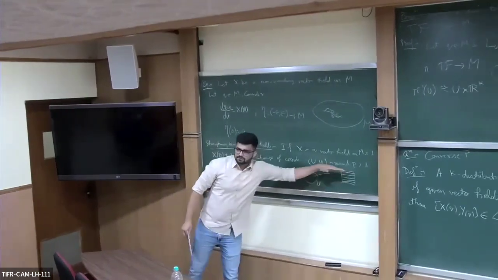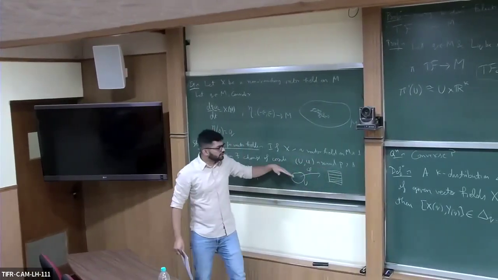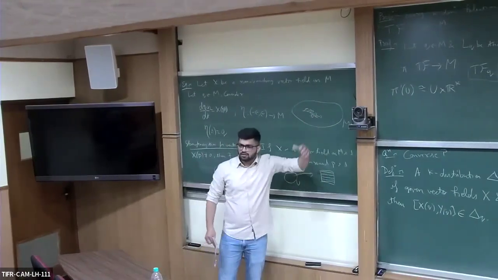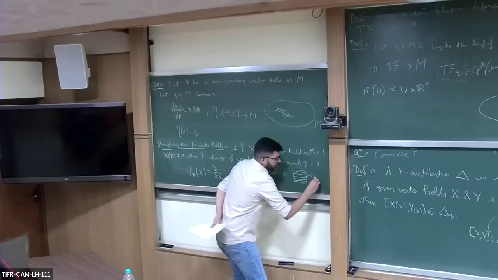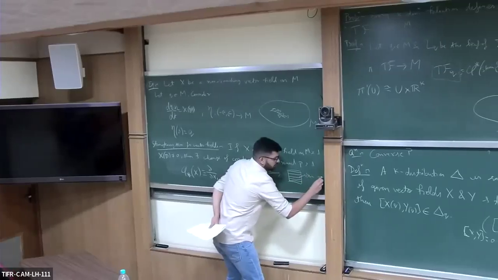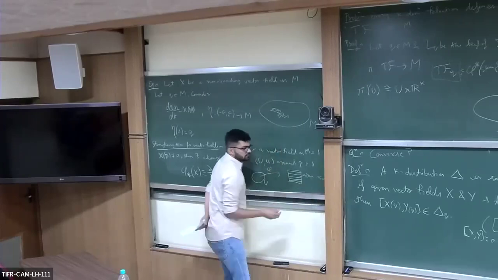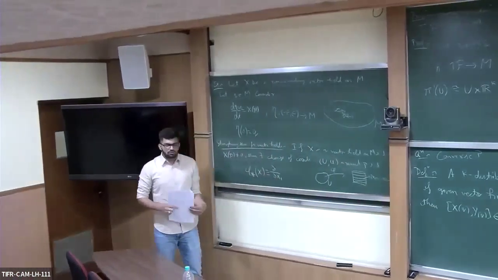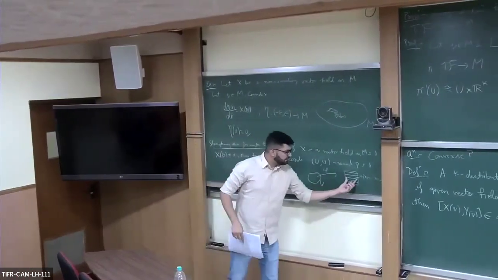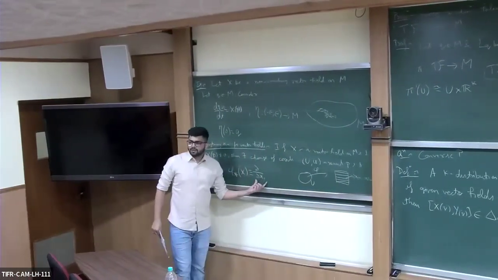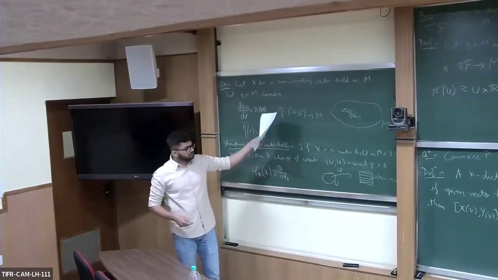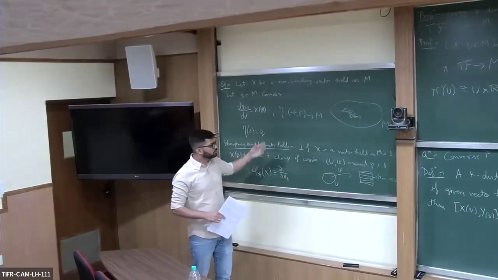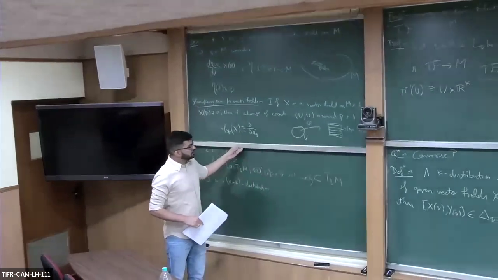We get these curves, given by x2, ..., xn equal to constant. So the last n minus 1 variables are constant. These are the integral curves of this differential equation, this vector field. We get a foliation corresponding to each non-vanishing vector field.